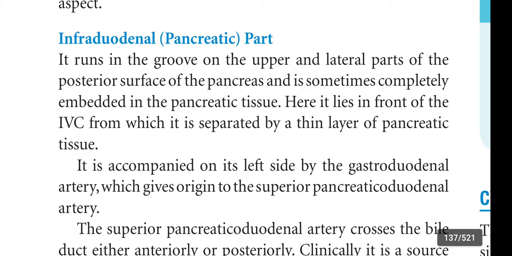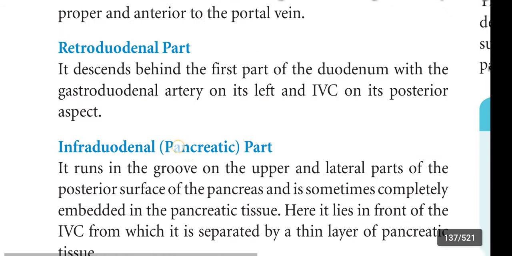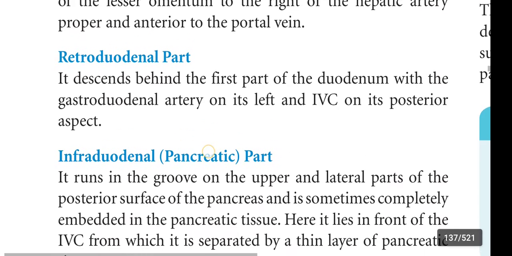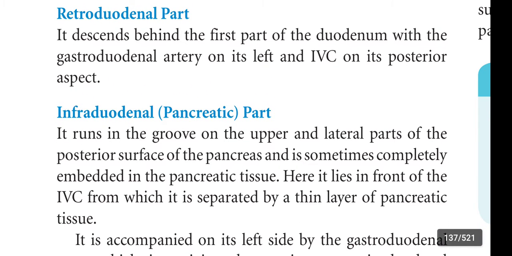It is accompanied on its left side by the gastroduodenal artery, which gives origin to the superior pancreaticoduodenal artery. It is the same as the retroduodenal part: it descends behind the first part of the duodenum, with the gastroduodenal artery on its left side. Here also the same.